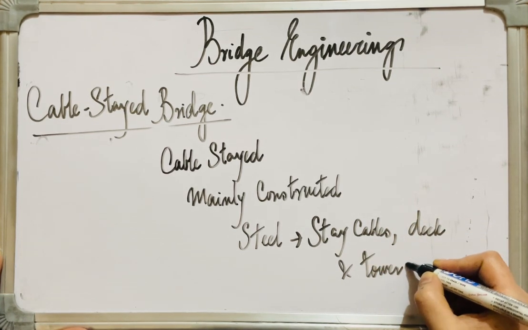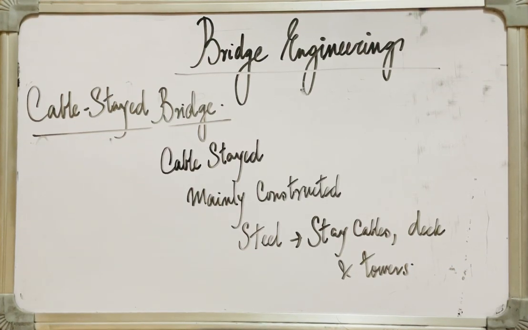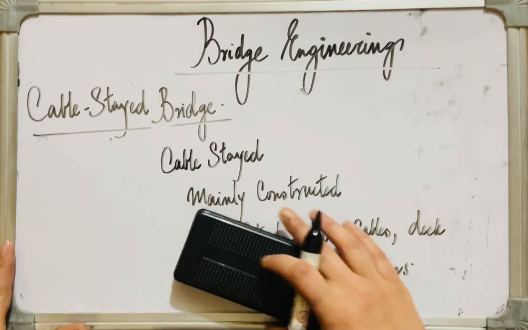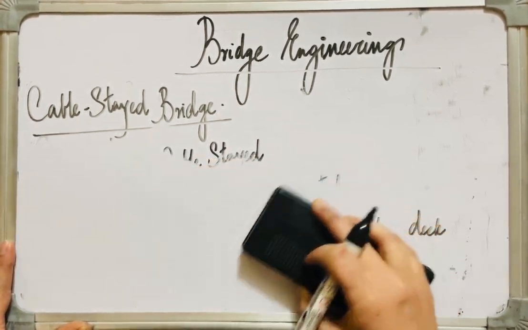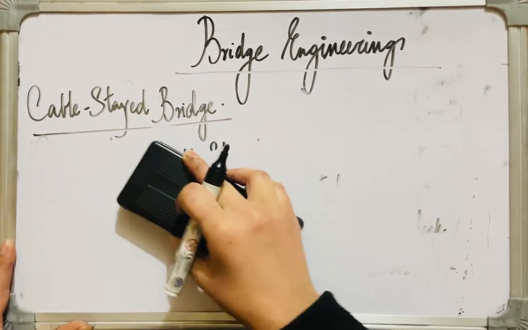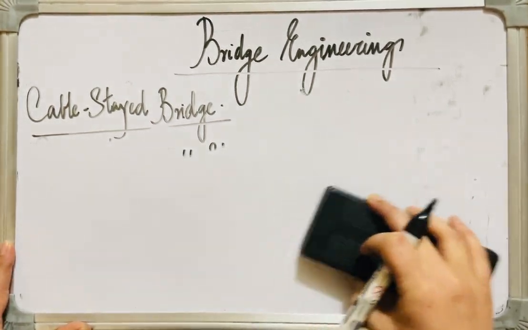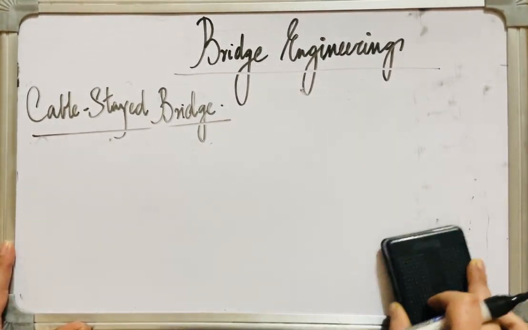So in earlier times, the cable stayed bridges were mainly constructed using steel for the stay cables, deck as well as the towers. But in some of the recent constructions nowadays, the deck and the towers have been constructed in structural concrete or a combination of steel and concrete.